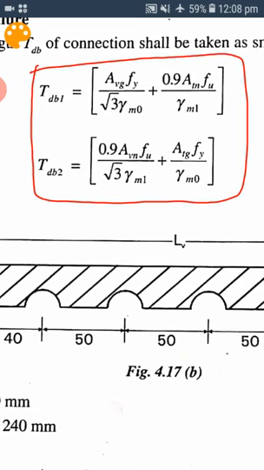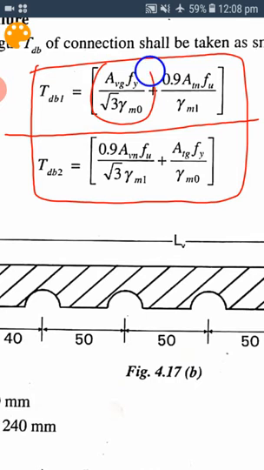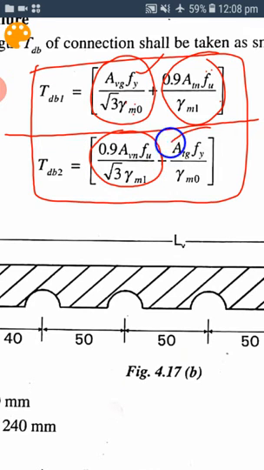So these are the two modes of failure. As already explained regarding these two formulas, this part is the first mode of failure, and this is the second mode of failure. It may fail either by shear yielding and tensile rupture, or by shear rupture and tensile yielding.